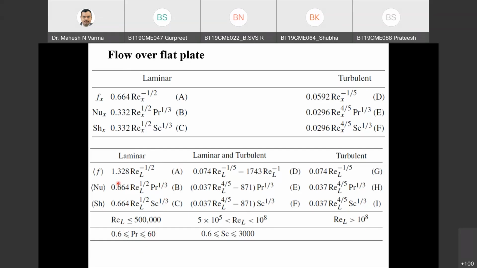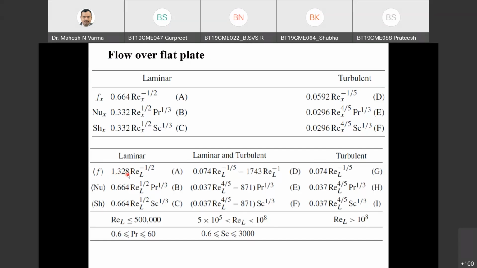So I can use this equation for estimation of design friction factor, heat transfer coefficient, and mass transfer coefficient for flow over a flat plate. And these are not the only available equations for flow over a flat plate. In fact, you can do the experiment. You can propose some different constant instead of 0.138.